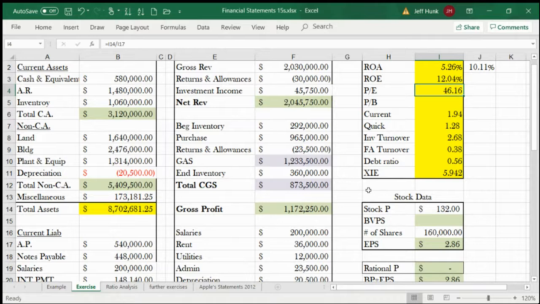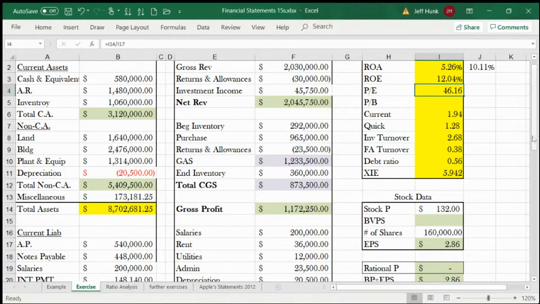So you can say this is relatively high, but also you have to compare it with the industry average. For this industry, it may not be a high number.